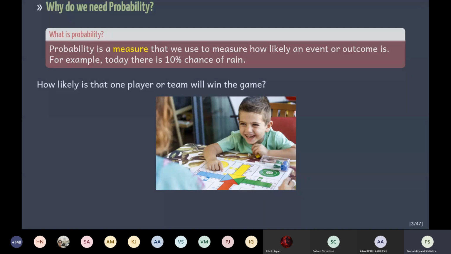One of the questions we can ask is how likely is it that one player or team will win the game? In the beginning you may not know if someone is playing a game, for example in this case Ludo. There is a probability involved here, in the sense that the kid will throw a dice.